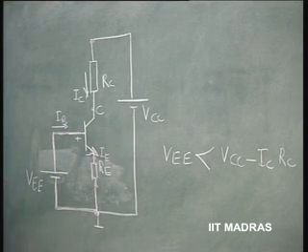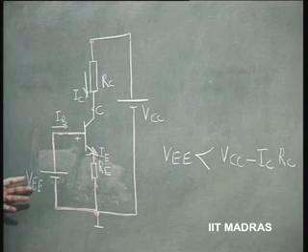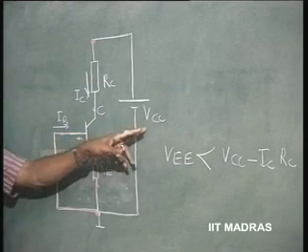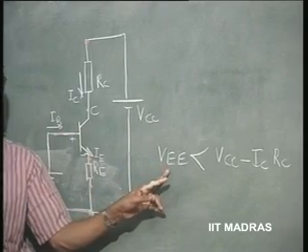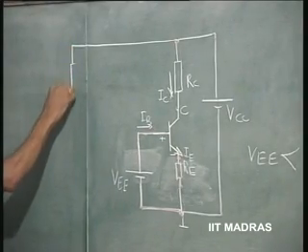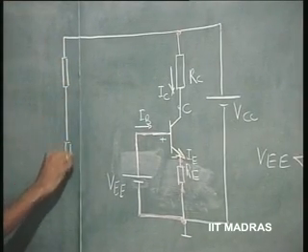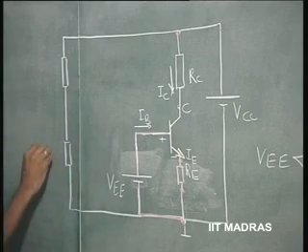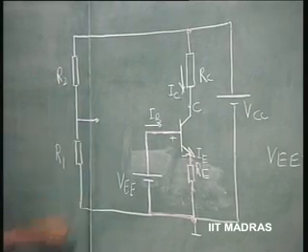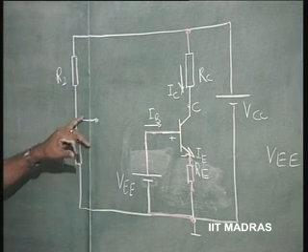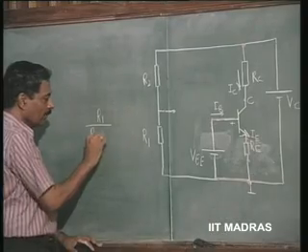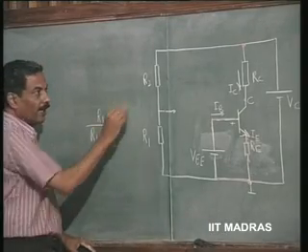So, for this reason, I can still use this supply in order to derive a supply which is less than VCC, by Thevenin's equivalent. If I now see the open circuit voltage here, it will be R1 by R1 plus R2 times VCC.